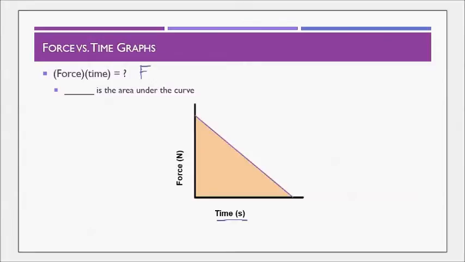Remember, in previous units, we saw force equals force times time. Force times a change in time, or a unit of time, is impulse. So this graph does not give us work, even though it looks exactly like the other graph.